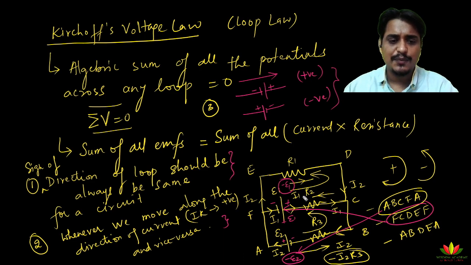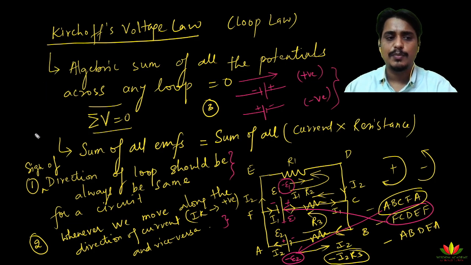Second rule says that if you are moving along the direction of current, then IR will be positive. If you are moving against the direction of current, IR will be negative. And the third thing is, when we are moving from negative to positive terminal of the battery, then that EMF will be positive. When you are moving from positive to negative terminal of a battery, that EMF will be negative.